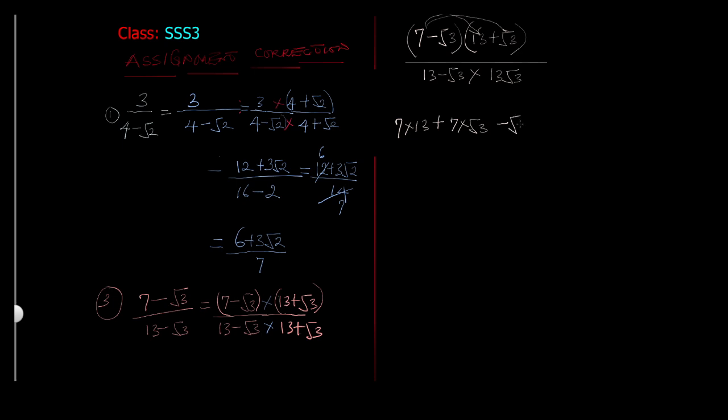Minus square root of 3 times 13, and also minus square root of 3 times this would give us minus 3. Everything all over the denominator. The denominator will just be 13 times 13. This is plus here. So 13 times 13 will give us 169.